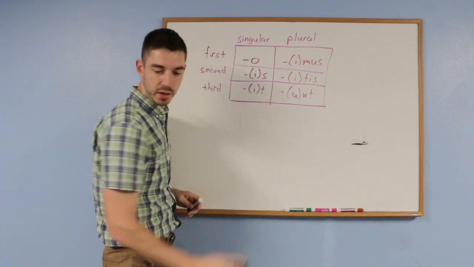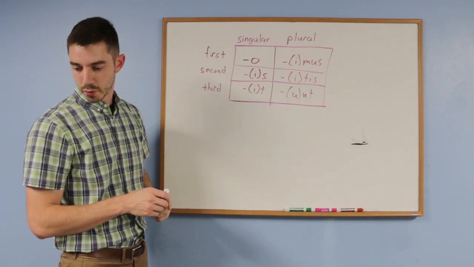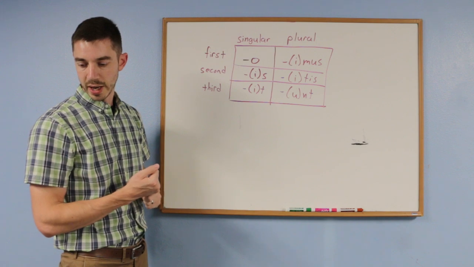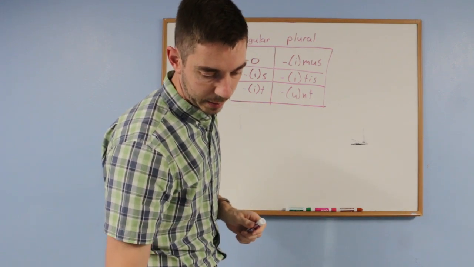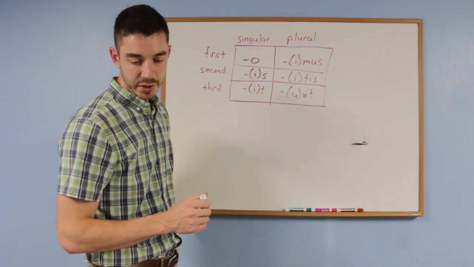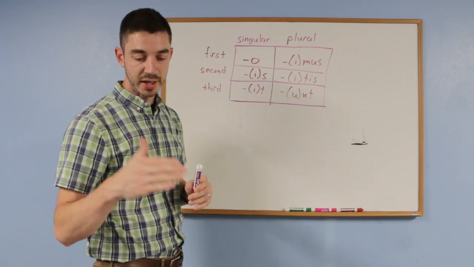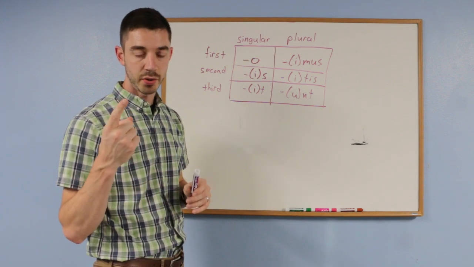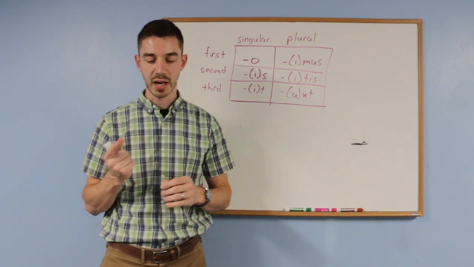All right, so here's what we're going to do. We're going to show how to conjugate a few different verbs, okay? So on page 7, it shows you how to conjugate cado, okay? We have cado, cadis, cadit, cadimus, caditus, cadunt.